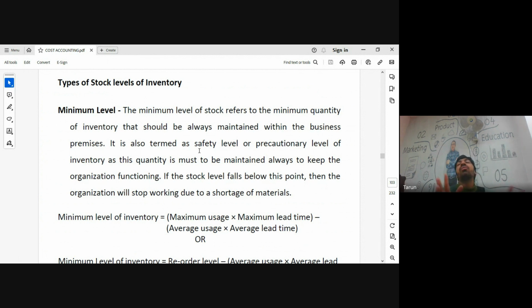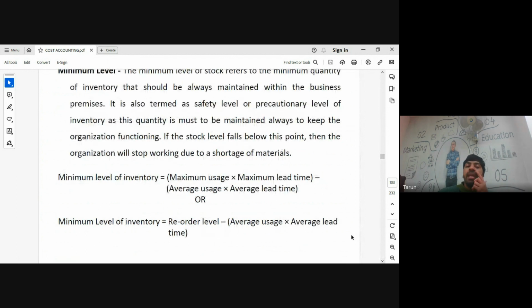So, how do we calculate mathematically the minimum level of inventory? Maximum usage into maximum lead time minus average usage into average lead time. There is another formula for the minimum level of inventory: reorder level minus average usage into average lead time.